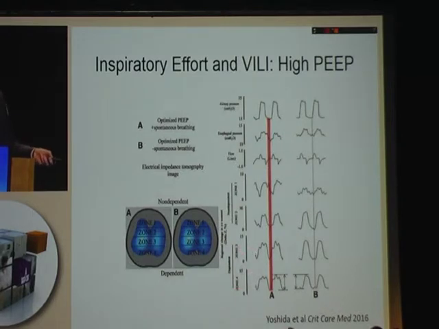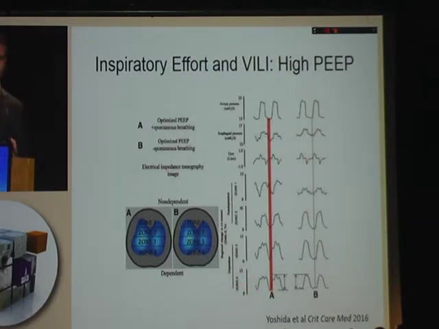So again, you have the spontaneous breathing condition and this paralyzed condition. And what you see this time is, again, a significant early rise in lung impedance in the dorsal lung region and a small decrease in impedance in the ventral lung region, suggesting that there is still some pendelluft going on. But it's greatly attenuated because now when you paralyze the animal, you see that the dorsal lung inflation is the same between spontaneous and paralyzed conditions.